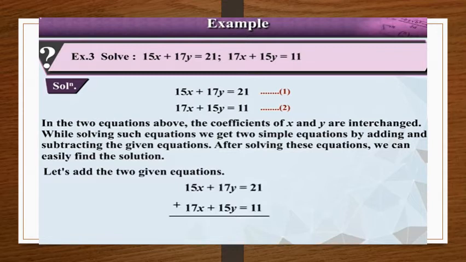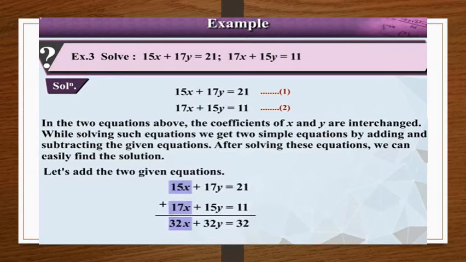15x plus 17y is equal to 21, plus 17x plus 15y is equal to 11. 15x plus 17x being like terms, when we add them we will get 32x. 21 plus 11 we get 32.